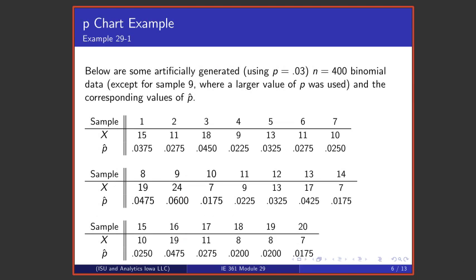Here are some artificially generated data based on a fraction non-conforming of 3%, 0.03, and a sample size of 400, except for sample 9, where a larger value of p was used. So that sample came from a different binomial distribution, but the other 19 are from binomial n equal 400, p equal to 0.03.